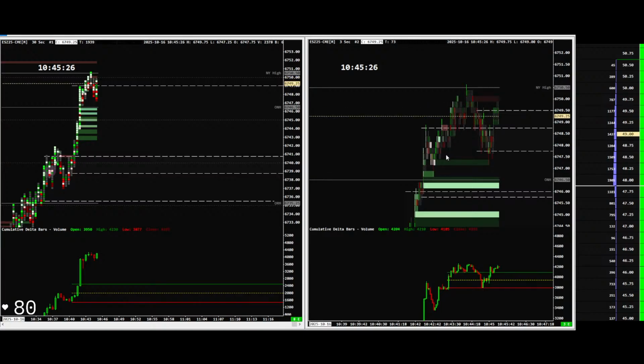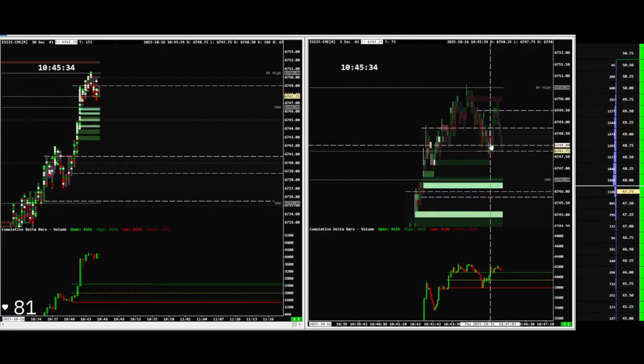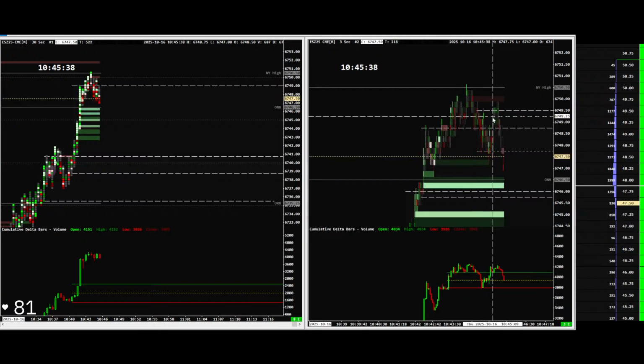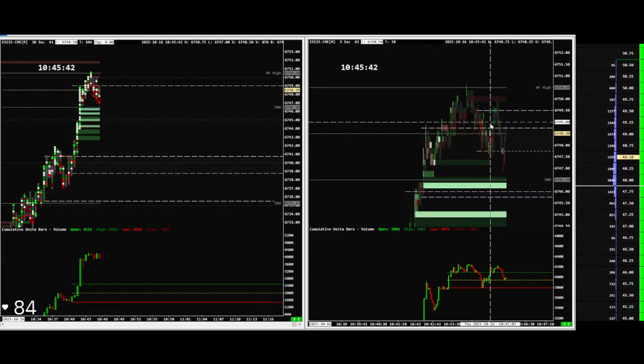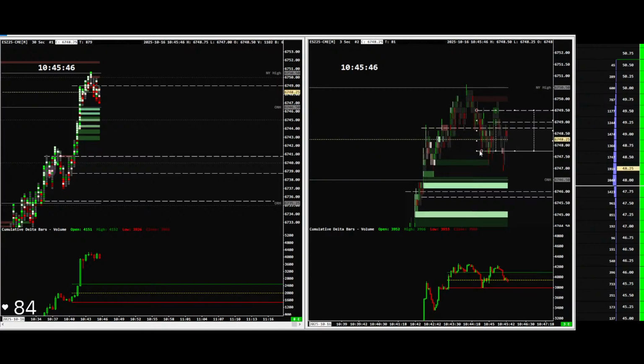There's another green. There's another green right there. I'm gonna re-engage short. Well, that one's so tight though. It's like 4 ticks. I think this one's traded through. You only have 3 factors, but they're on the bottom end.